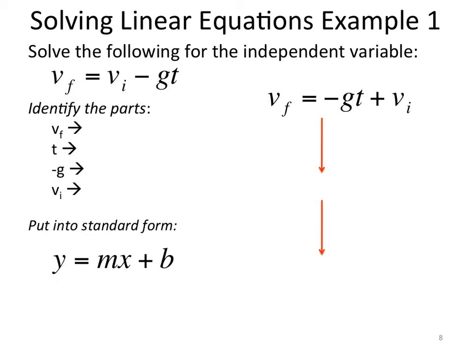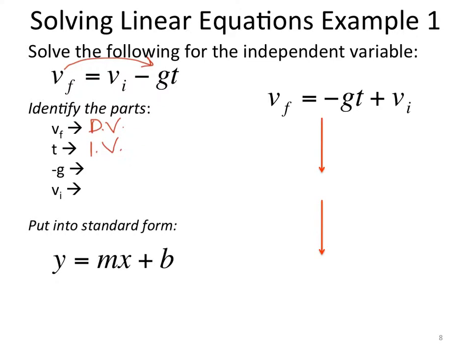We're going to say that VF is going to be the dependent variable. That depends, just like y does, on something over here. T is going to be the independent variable. Independent means it doesn't depend on anything else. T, which is actually time, just rolls on whether something else is happening or not.